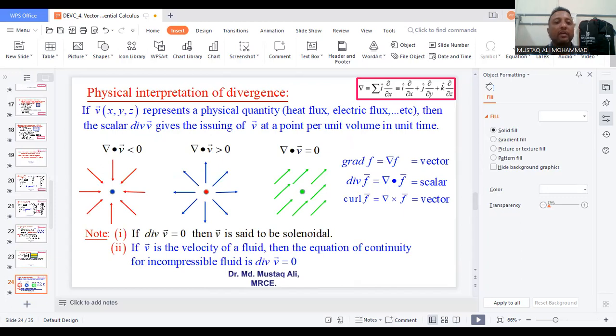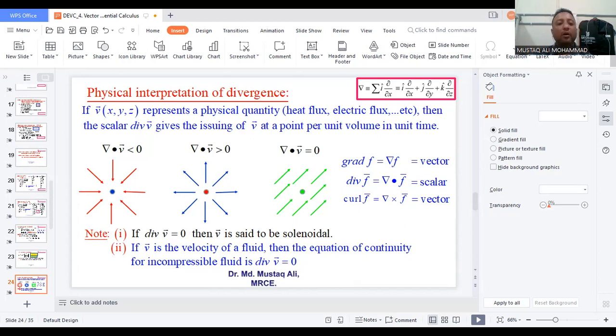Physical interpretation of divergence. What is the physical interpretation of divergence? If V bar represents a physical quantity like heat flux, electric flux, and so on, then the scalar divergence V bar gives the issuing of V bar at a point per unit volume per unit time. Okay, look at this.